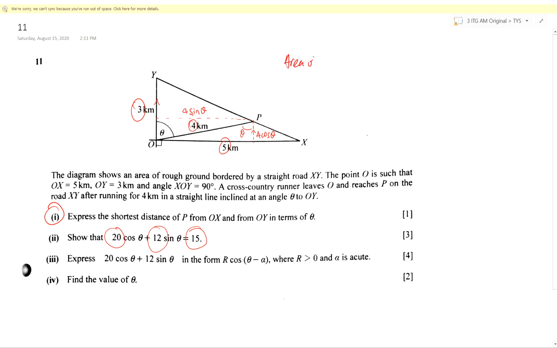Area of OXY is half times 5 times 3. At the same time, it is equal to half times base times its perpendicular height of 4 sine theta plus half times 5 times 4 cosine of theta.